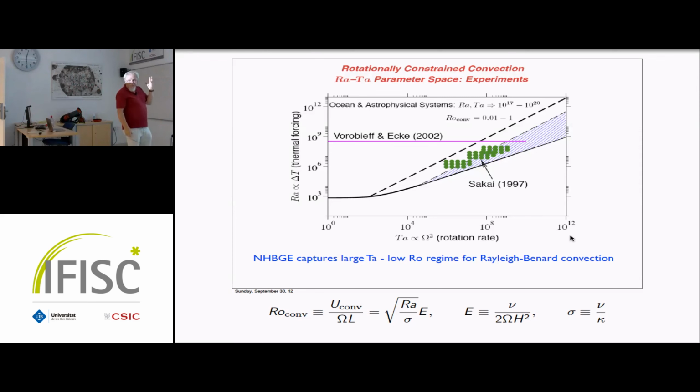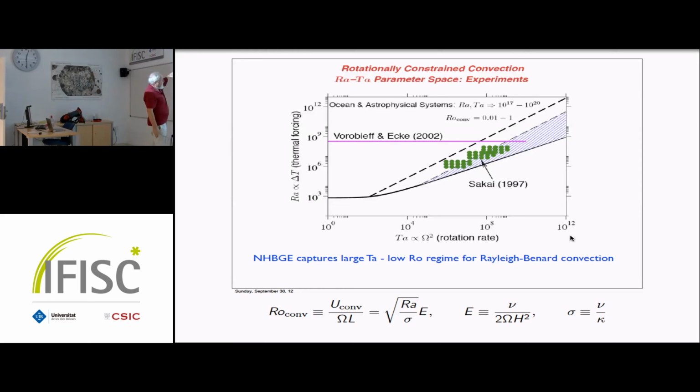But they are the parameters that are relevant to atmospheric dynamics. And so what we really want to do is go into this shaded region, but go as far to the top right as possible. Okay, and that is impossible right now in direct numerical simulations, also impossible in experiments in the laboratory because the scales are so much smaller.